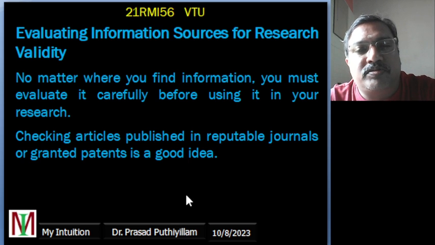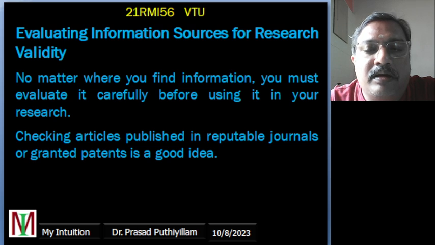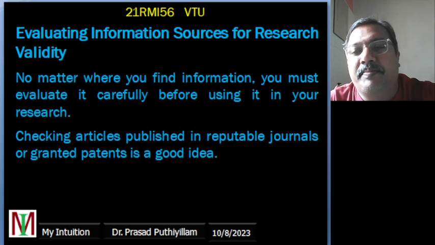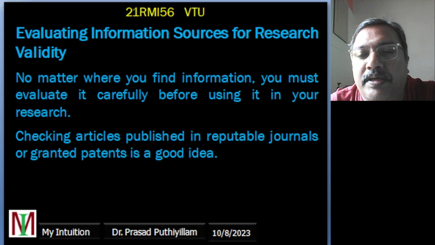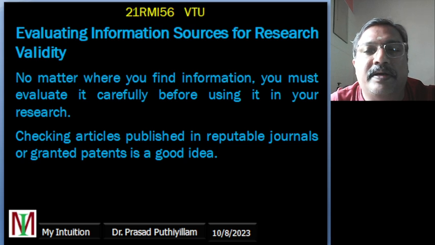Evaluating information sources for research validity. After the literature review, it's a research journey with the available information, choosing the trustworthy points and continuing toward our final goal. What all do we need to see while doing that? It has to be trustworthy.